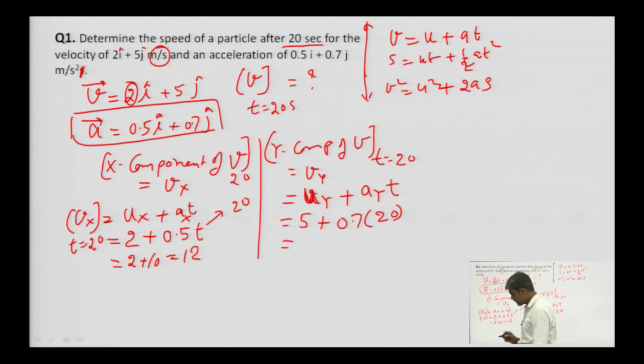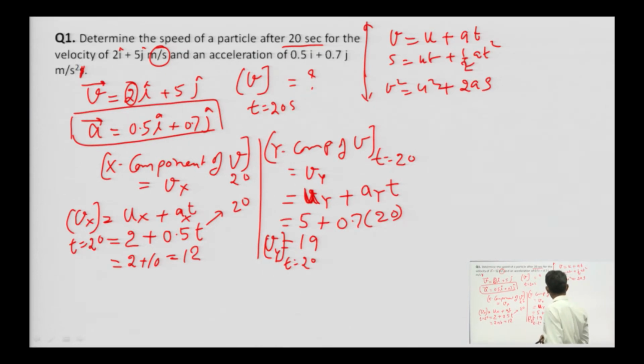So 0.7 multiplied by 20 plus 5 is 19. So this is Vy after t equal to 20.